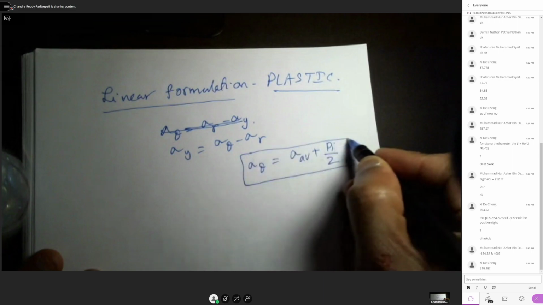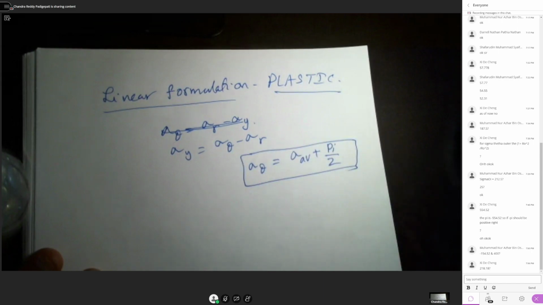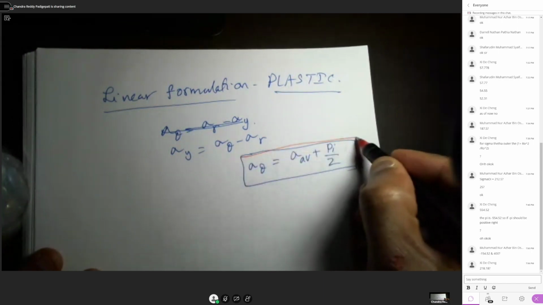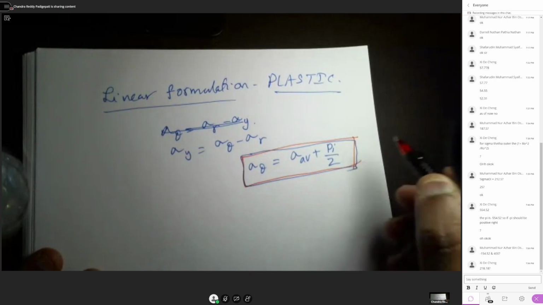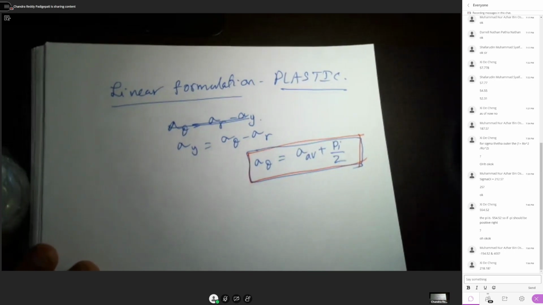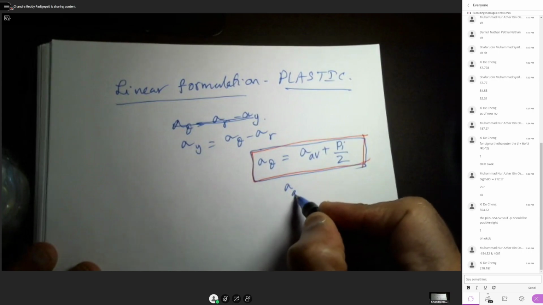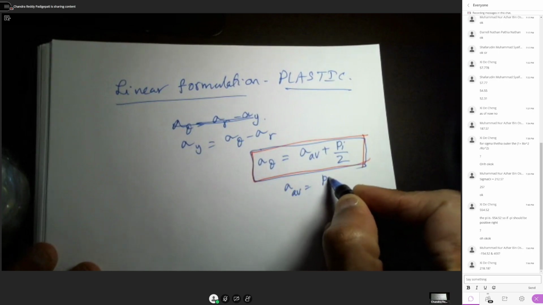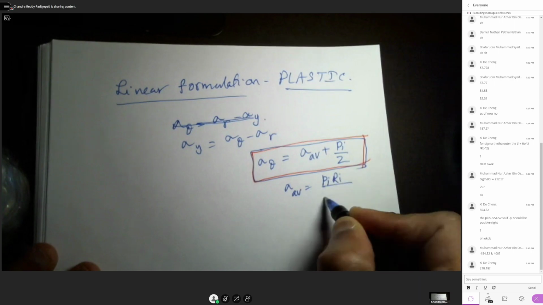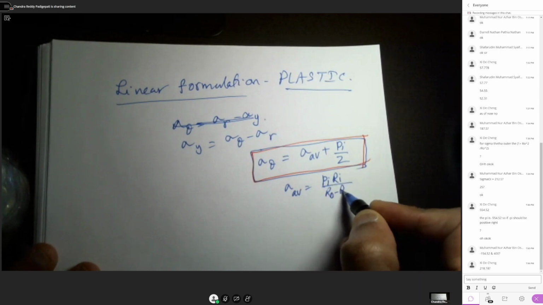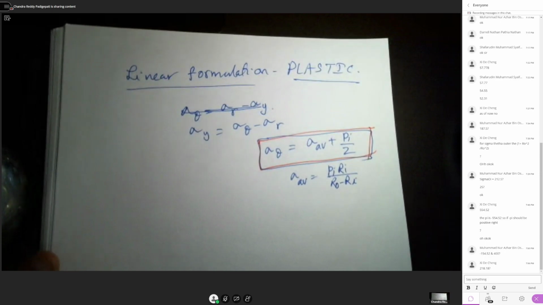So this is the formula for plastic. So we can write sigma average is the same thing, pi ri over ro minus ri.